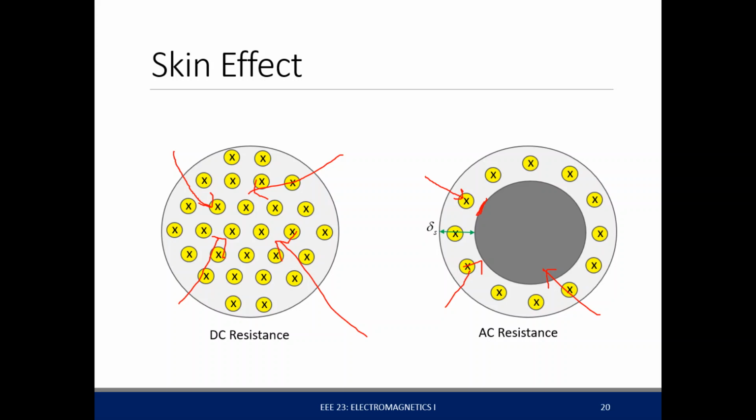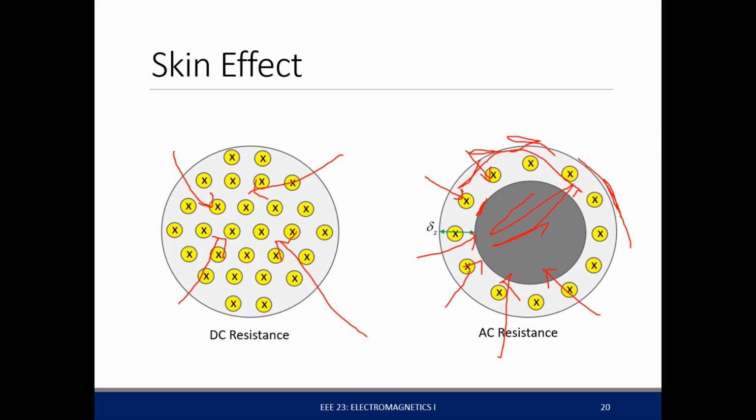Why? Because the currents only choose to be nearer the skin of our conductor, or nearer the surface of the conductor, because of the very fast electric field or very fast excitation. The current will only be placed nearer to the surface.